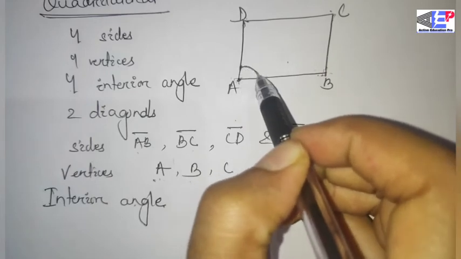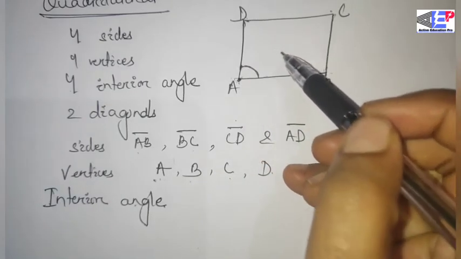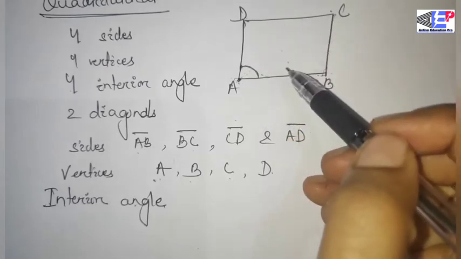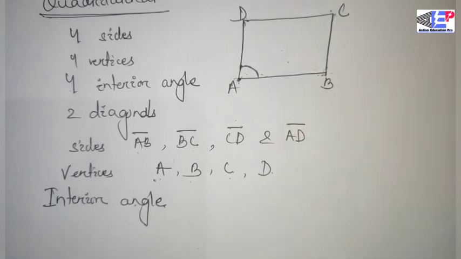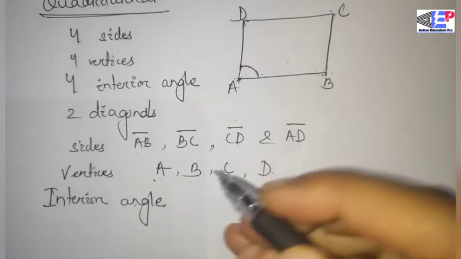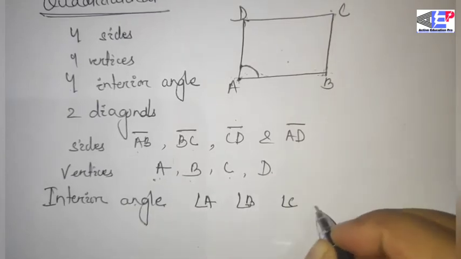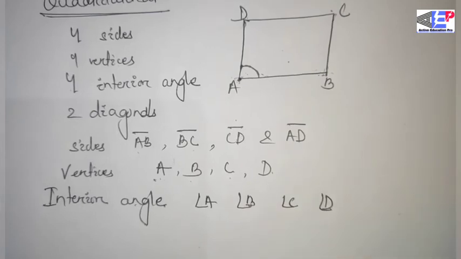This is the interior angle. Interior angle means the angle present inside the closed figure. This figure is a quadrilateral, so in this quadrilateral there are 4 interior angles. One angle is A, another is B, another C, and the last one is D. These are the interior angles.